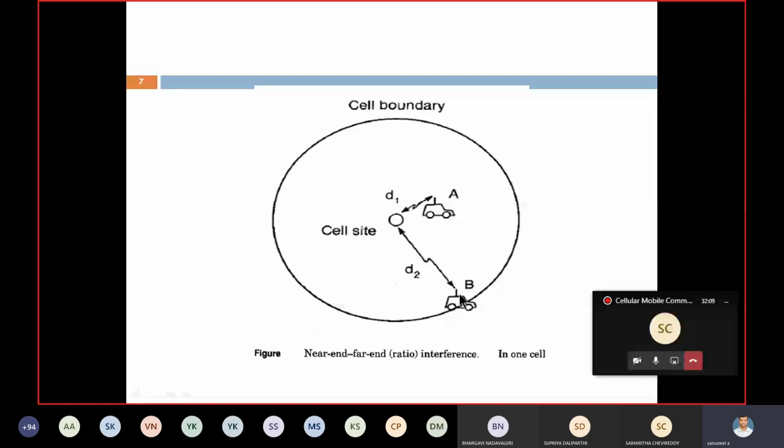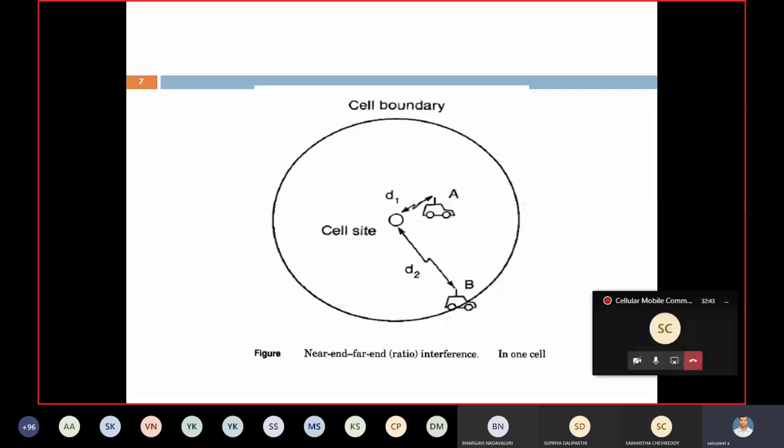Now, with the same antenna that we are using, what is the signal strength for each mobile unit? We are getting high signal strength for the one nearer to the cell site or base station antenna. For B, the signal strength is somewhat less. That is called the near end, and this is for the far end.